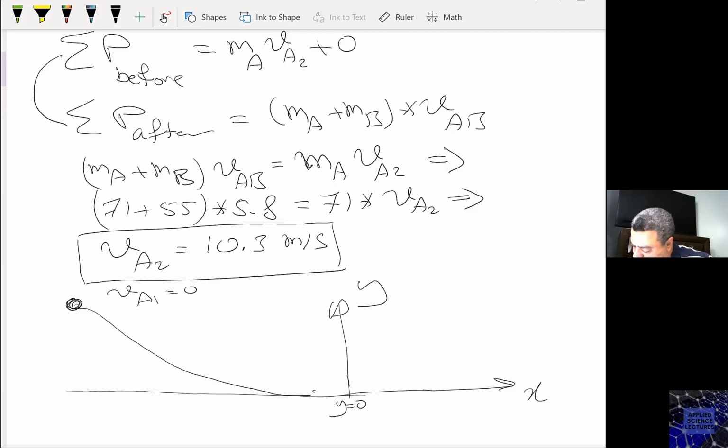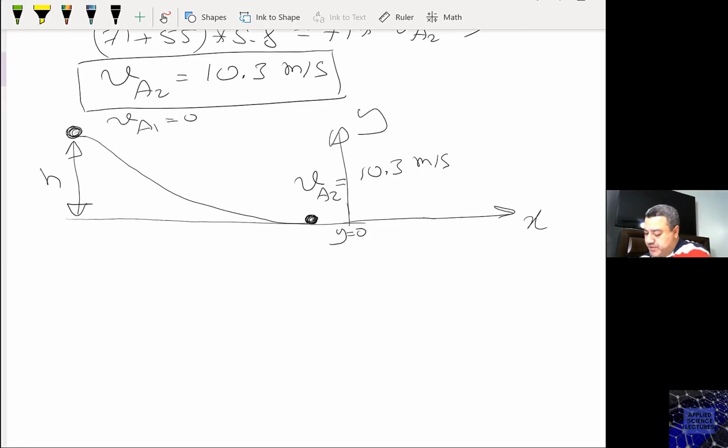Now I know his velocity here, VA2 equals 10.3 meters per second. His speed here is 0. I need this height.